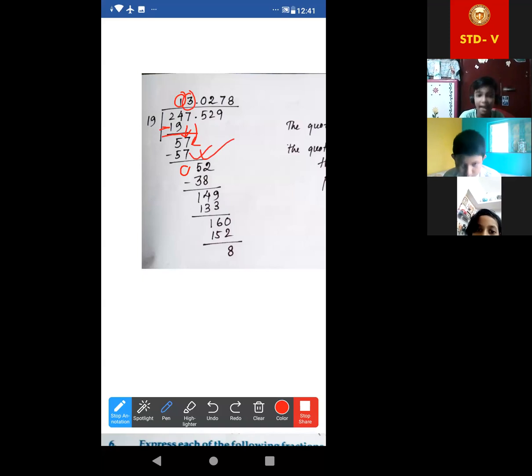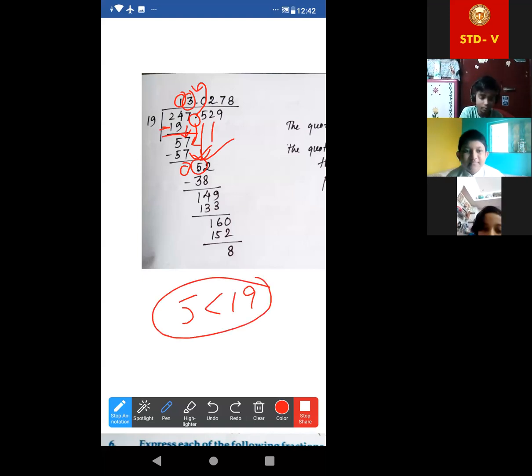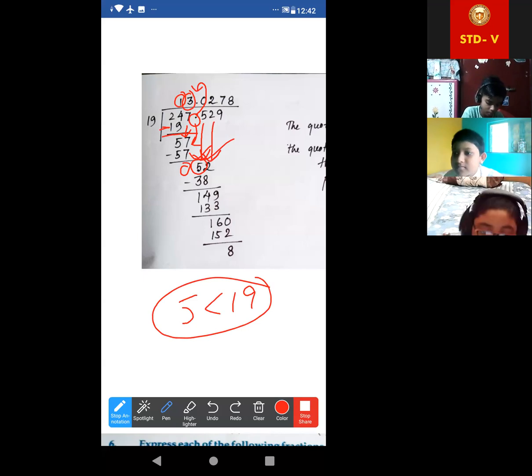Then we go to the quotient over there. Now this 5 will come out here. But after taking this number, this 5 is less than 19. Again we have to take one more number, these 2. That's why we have to put a 0 over there. Yes or no? This is the rule of division.